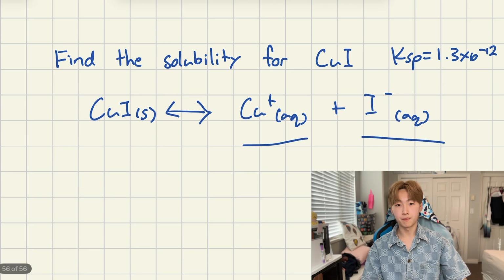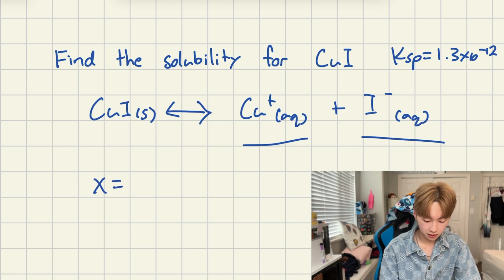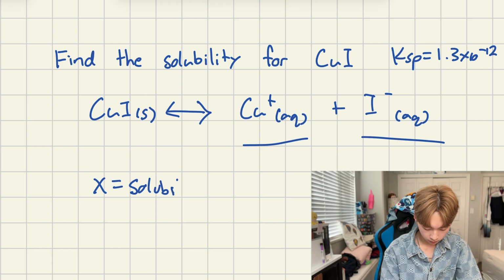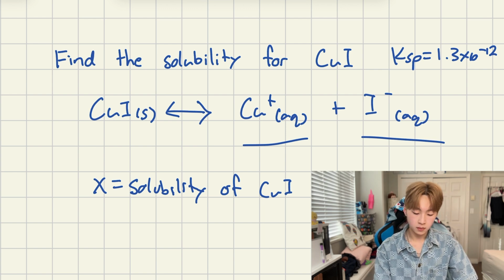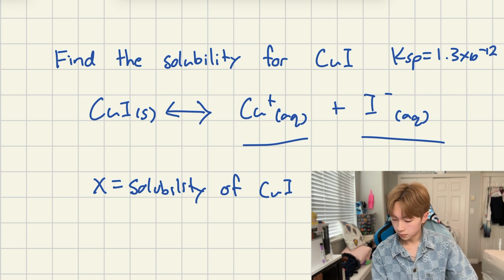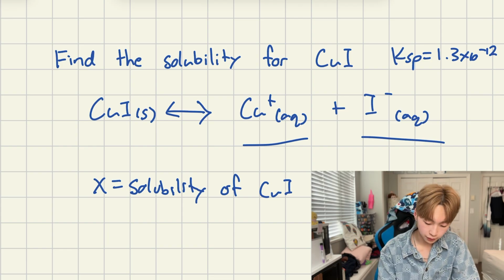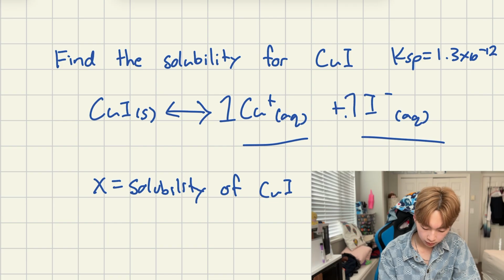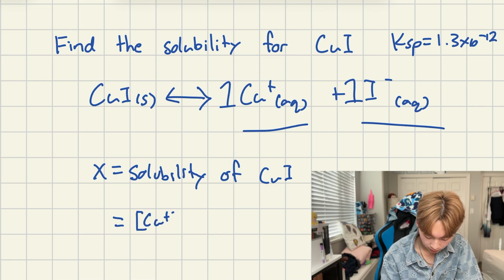And how do we do that? First, we're just going to let x equal our solubility. And because we have a 1-to-1 ratio here, we're going to say that this is also equal to our concentration of Cu+, which is equal to our concentration of I-.